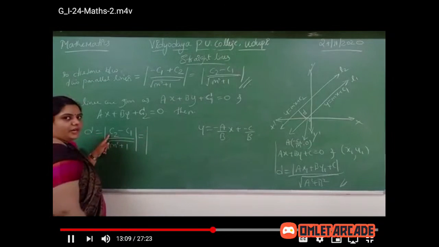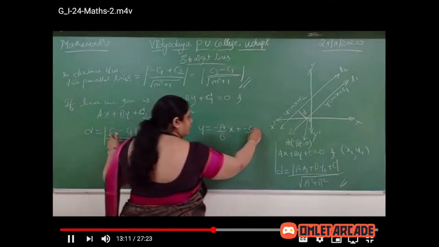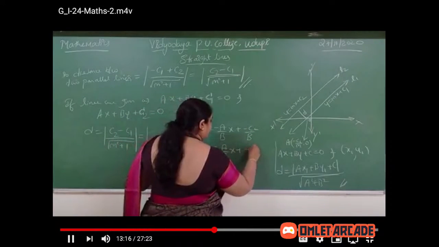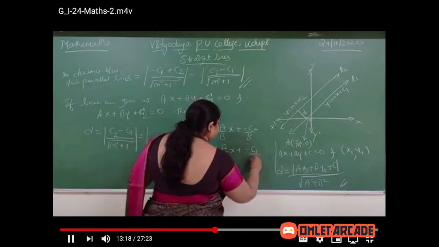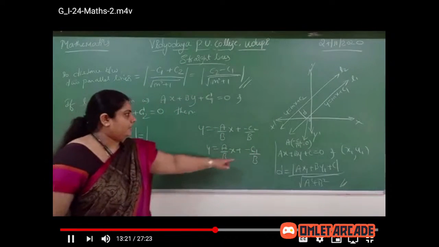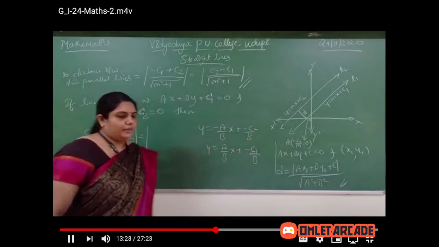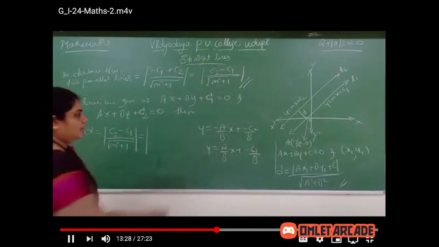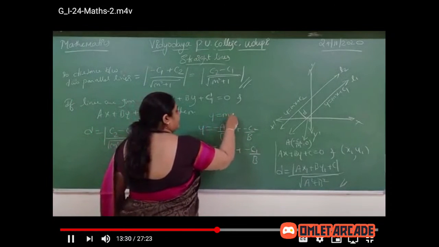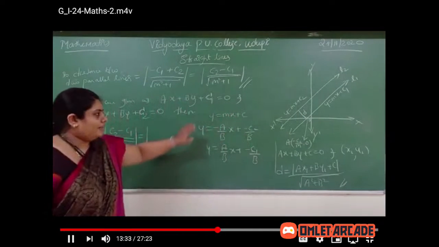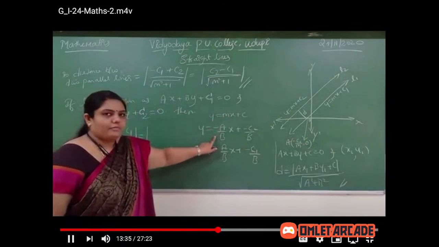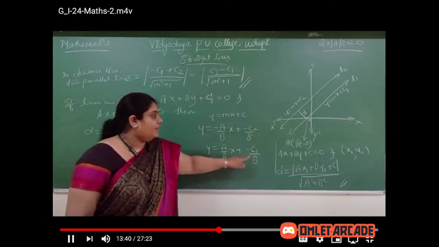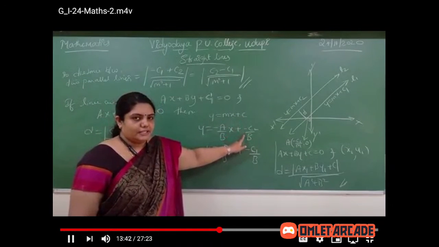Imagine this is c2, one more equation, y equals minus a by b x plus minus c1 by b. Okay, minus c1. This is c2 by b and c1 by b. I mean, here both are in the form of y is equal to mx plus c. I am just converting it. Okay, in place of m you have minus a by b, and in place of c you have, for the first line, minus c1 by b, for the second line, minus c2 by b, isn't it?